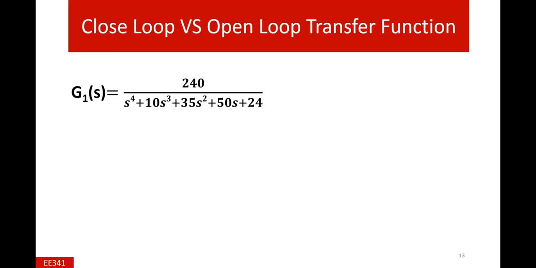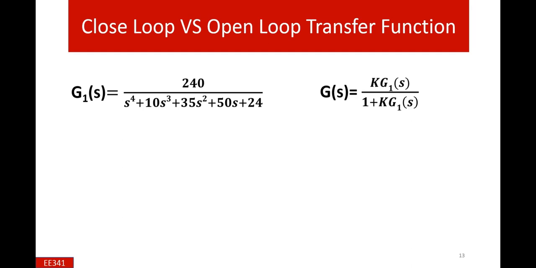The open loop transfer function is 240 over s raised to power 4 plus 10 s raised to power 3 plus 35 s raised to power 2 plus 50 s plus 40. This is the open loop transfer function.